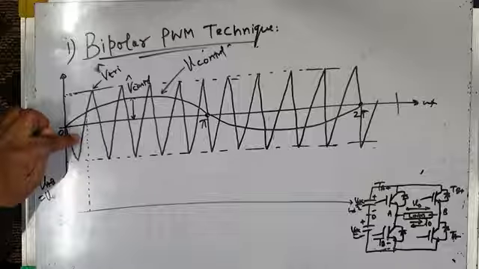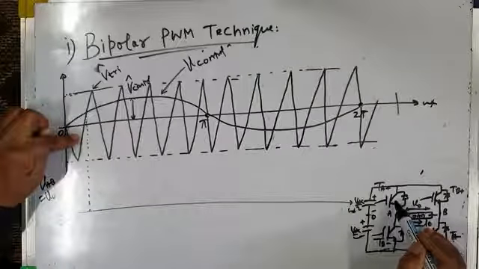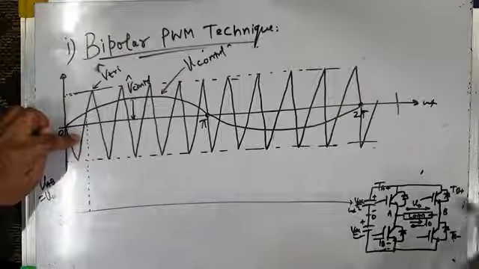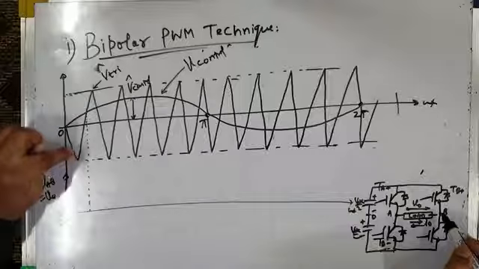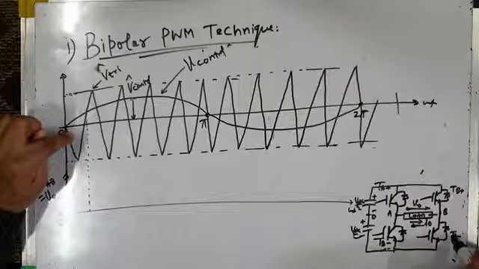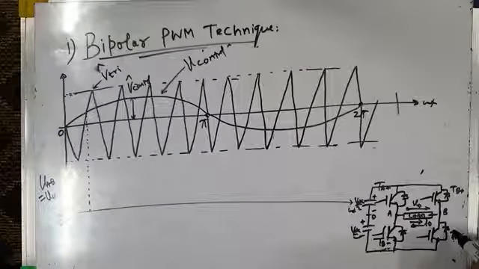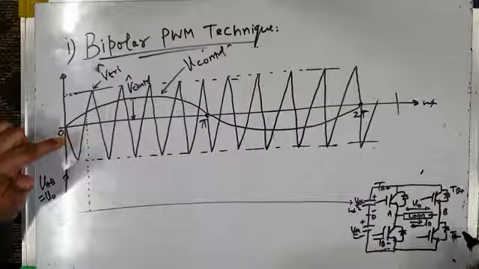Okay, and therefore in this leg the upper switch will be on. And in the other leg the logic is opposite. For this leg, when the reference sine wave is higher in amplitude than the triangular wave, the bottom switch is on.